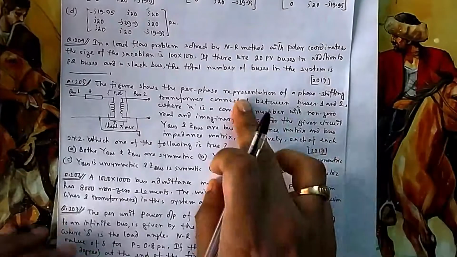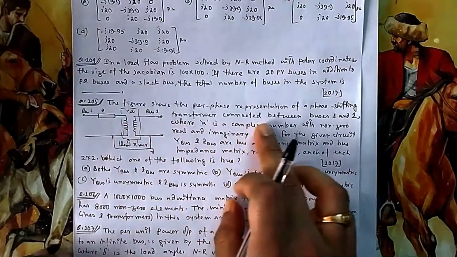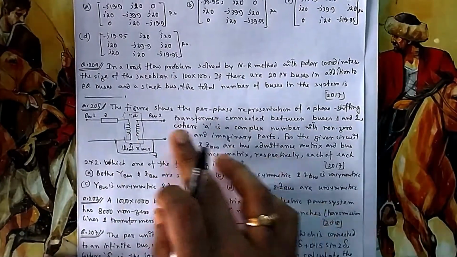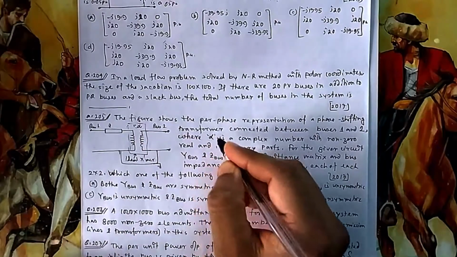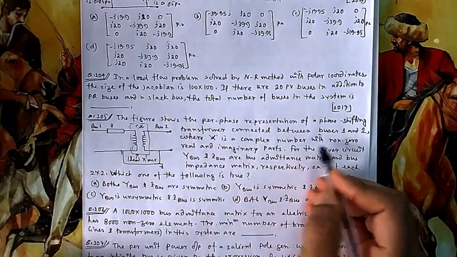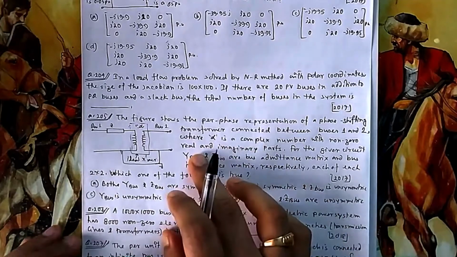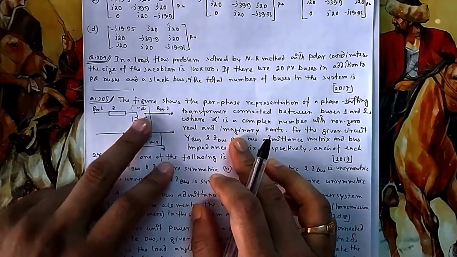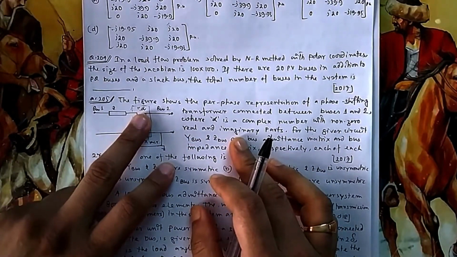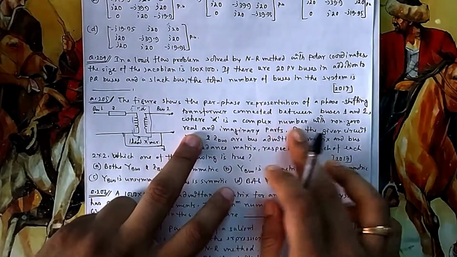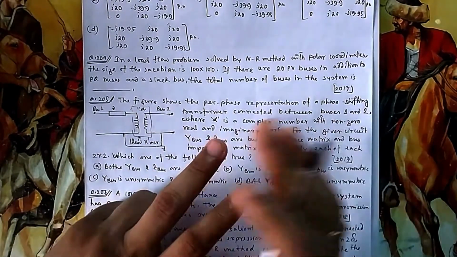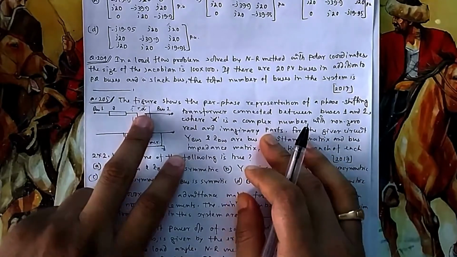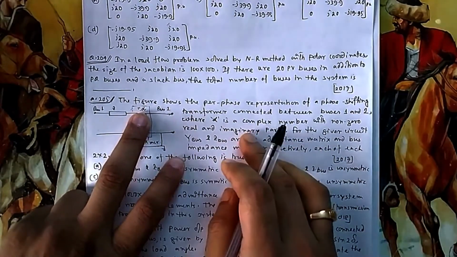The figure shows per phase representation of a phase shifting transformer connected between bus 1 and 2, where alpha or a is a complex number with non-zero real and imaginary part. So it has both real part and imaginary part, so magnitude and angle also. It is not only 1:2, it is 1:2 at an angle 30.